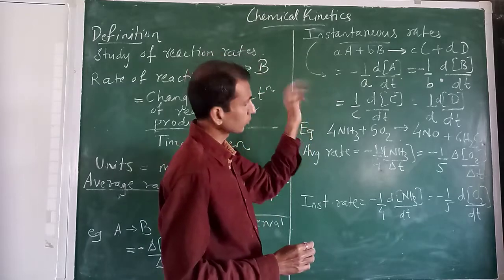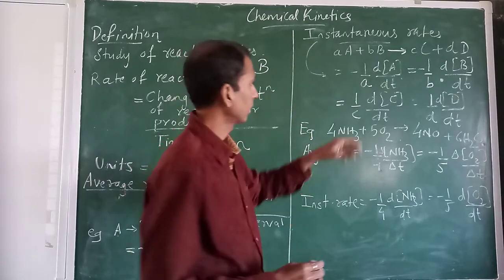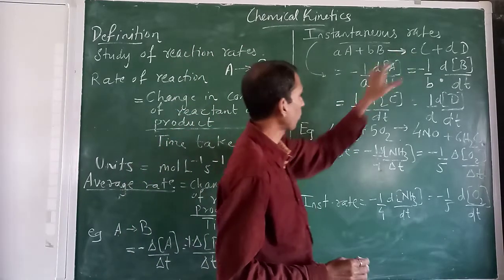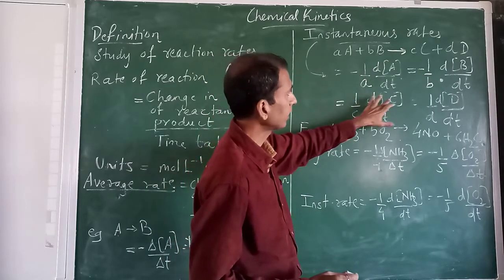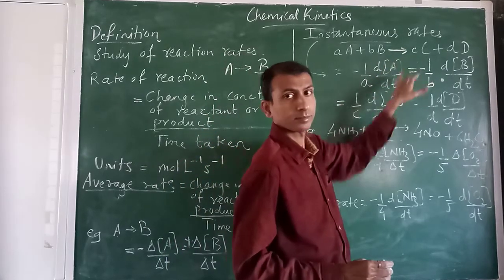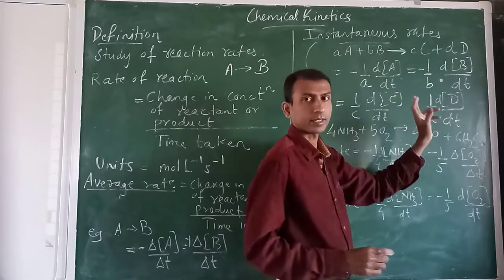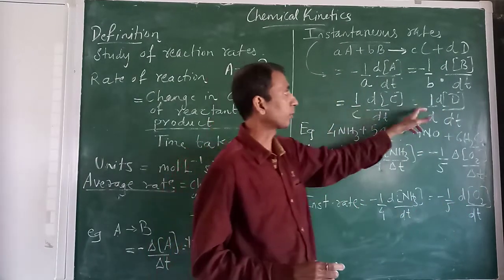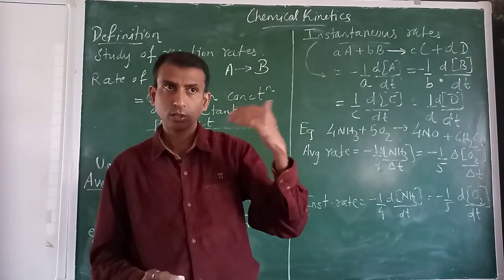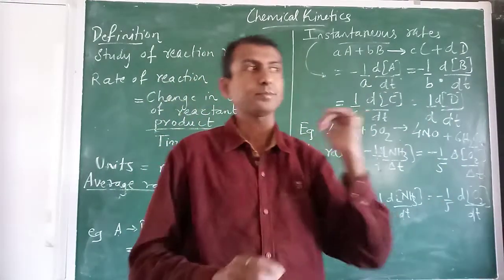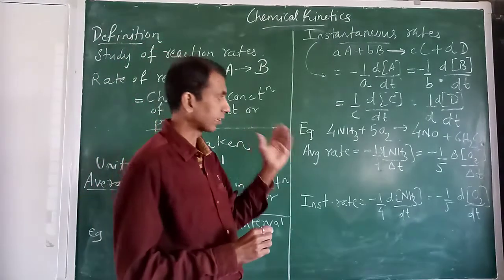Instantaneous rate also can be written in terms of products: 1 upon c, dC by dt, is equal to 1 upon d, dD by dt. And positive signs here because the concentration of the products is going on increasing during this general reaction.